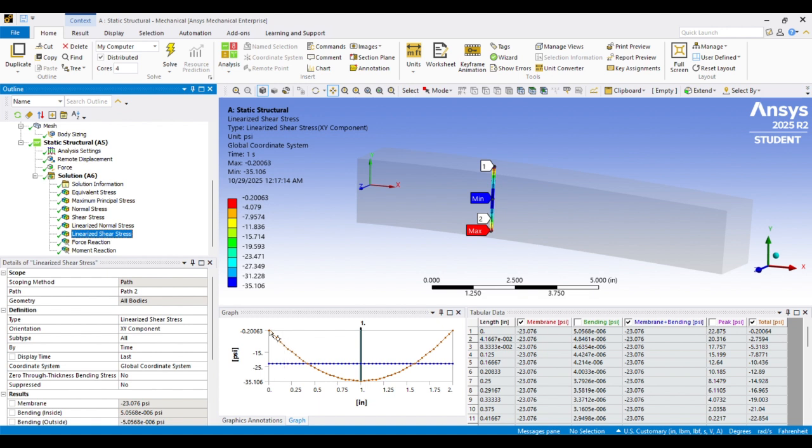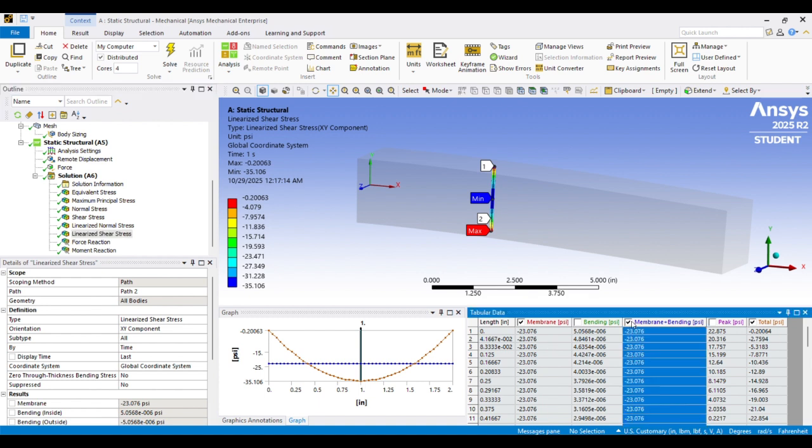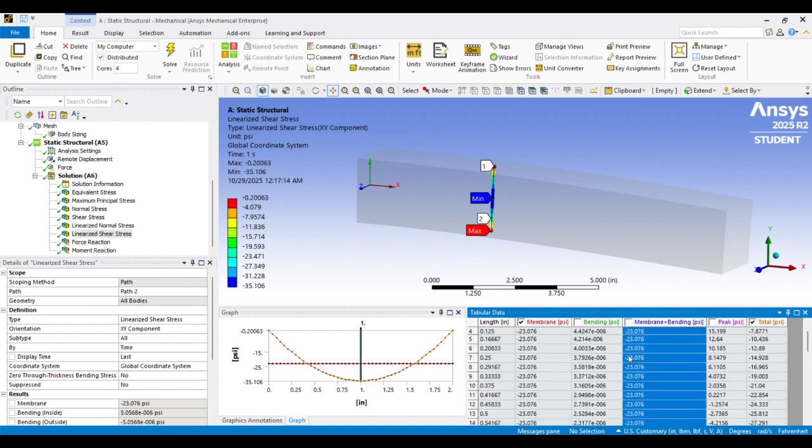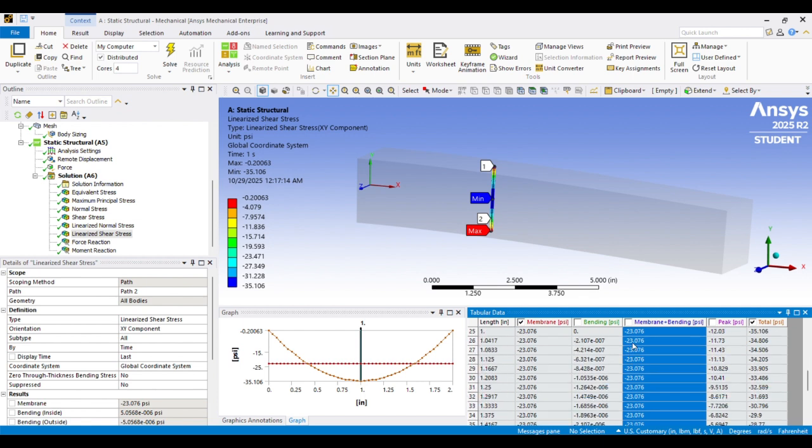And we see that the shear stress is 0 at the outer edges and it peaks in the center of the beam, which is what we would expect. And it looks like peak shear stress is 35 psi, so it's a little less than our hand calc.